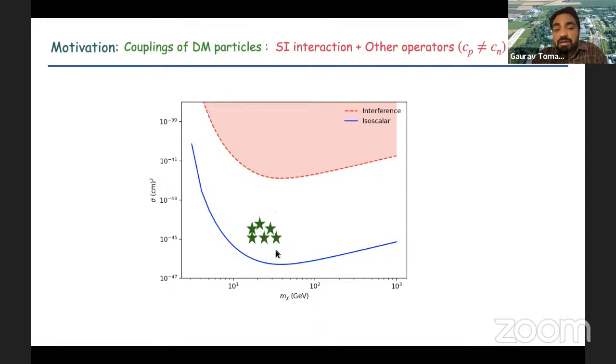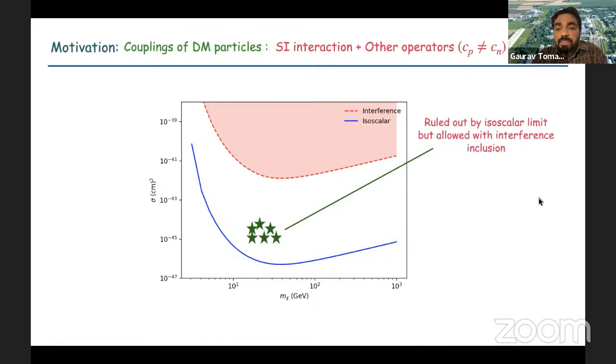But if you consider the interference, then this is not the case because your model is still allowed. And that's the reason consideration of the interference is very important.